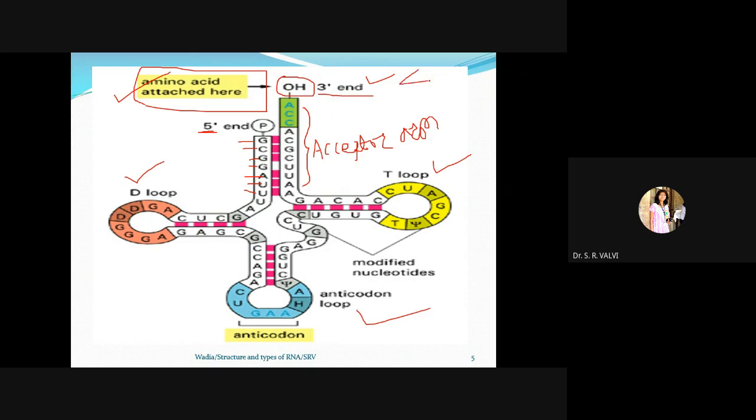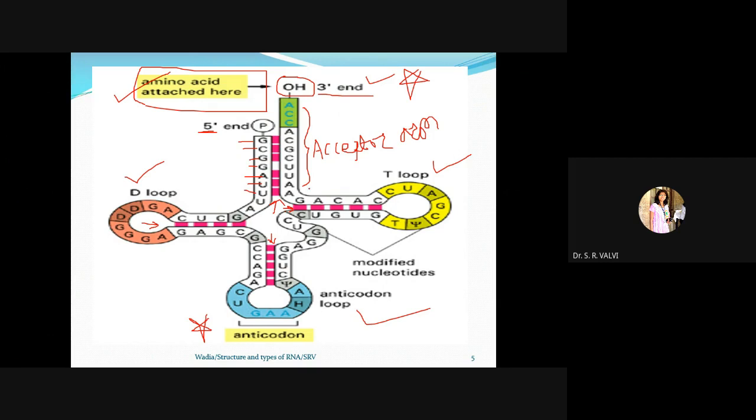This is a very important part, I will mark it with a star, as well as the anticodon part. It's a very important part of this tRNA. Now whatever pink color you are observing in the center, see my arrow here, here, and here.